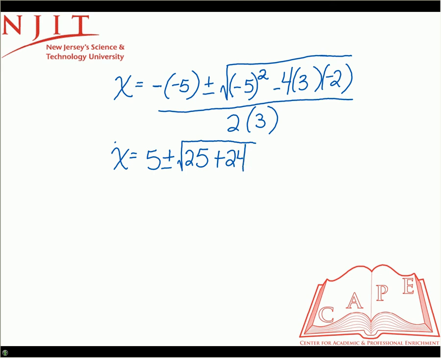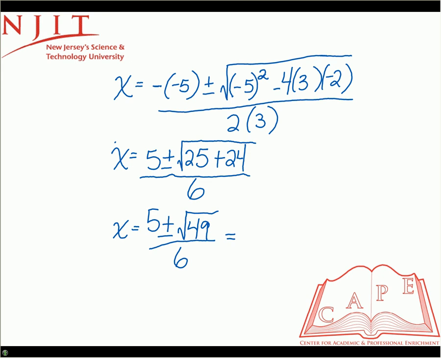Okay, and then it's all over the denominator, which is 2 times 3, which is simply 6. Okay, now let's take care of the radical. Just rewrite the 5 plus or minus the square root of 25 plus 24, which is 49. And then it's still all over 6.